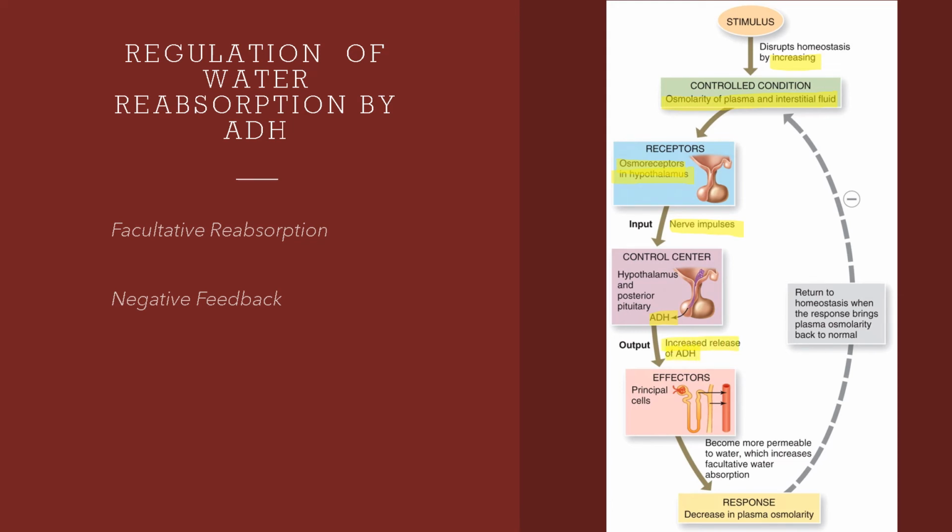So we're going to increase ADH in the blood, and the principal cells become more permeable to water. So this is going to increase facultative water reabsorption, and as that facultative water reabsorption increases, the plasma osmolarity decreases back to normal, bringing us back to homeostasis. So here we have a nice negative feedback loop.